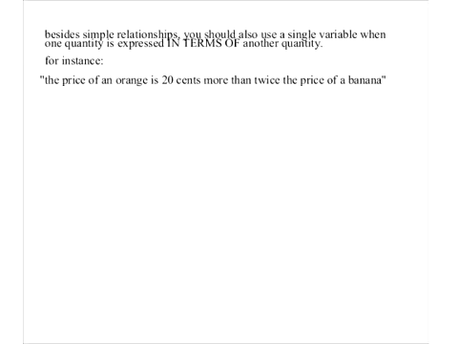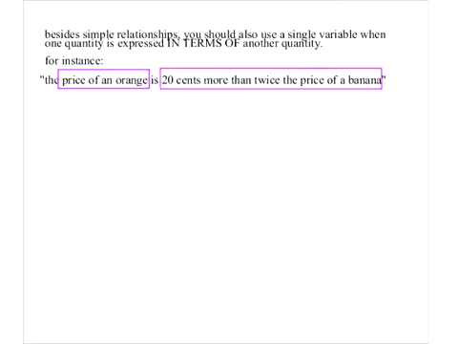So the price of an orange is one side of this equation, and the price of banana is the other side of this equation. I'm going to introduce a little terminology. I'm going to call this the isolated quantity, because it's just sitting there by itself.